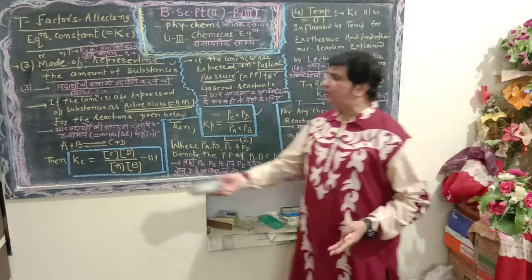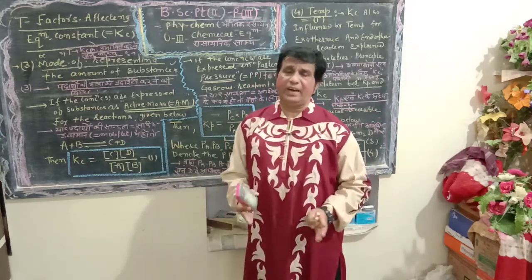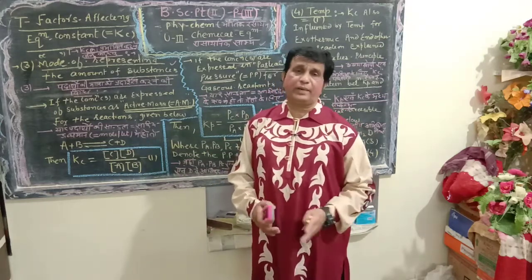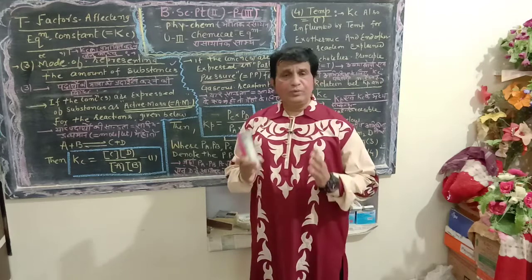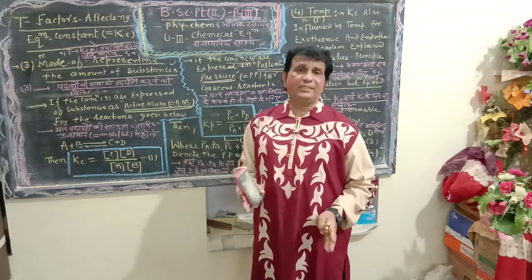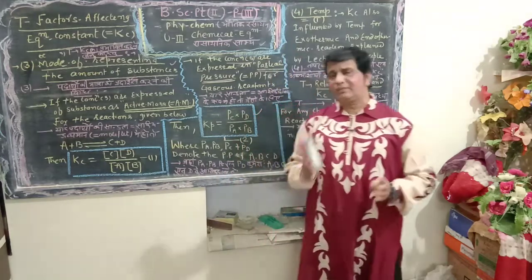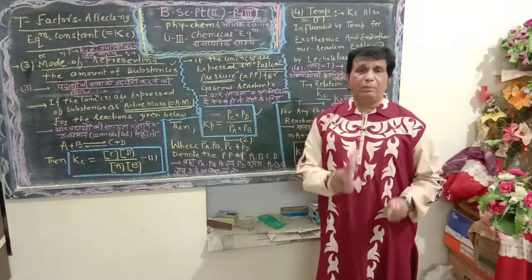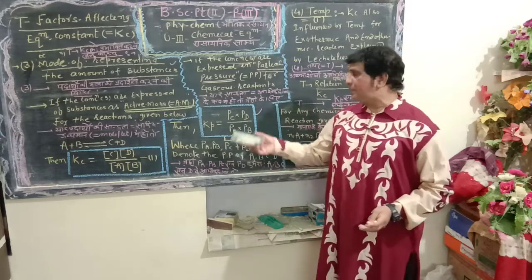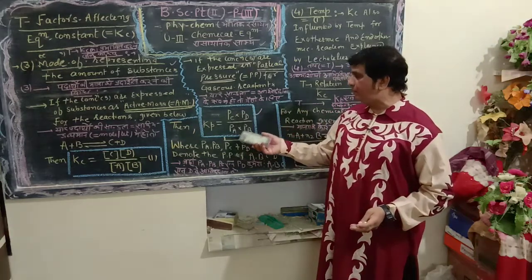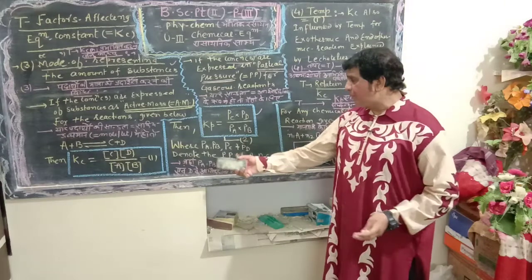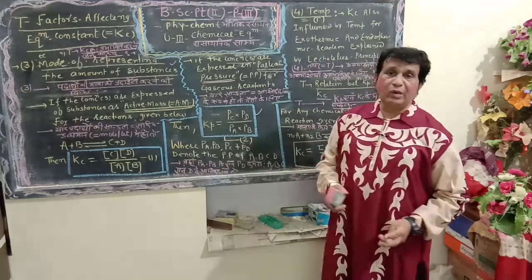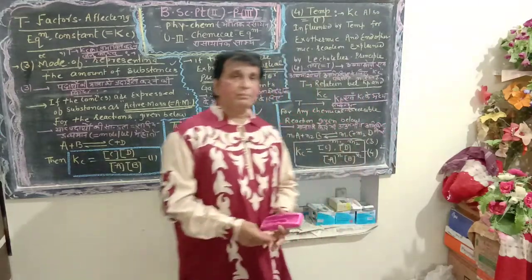A and B are reactants present in gases, and similarly C and D, the products produced, are in the gaseous state, since partial pressure is the fundamental property of gases. Here in place of Kc, the equilibrium constant Kp is equal to Pc into Pd upon Pa into Pb, equation number 2, where Pa, Pb, Pc and Pd denote the partial pressures of A, B, C and D.